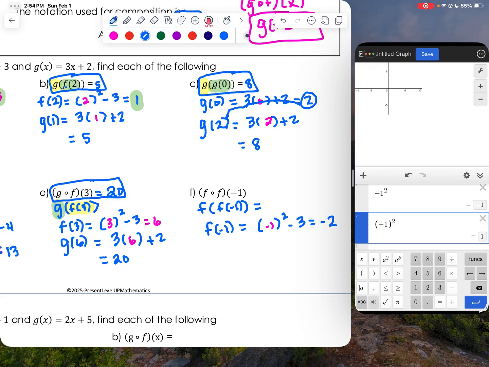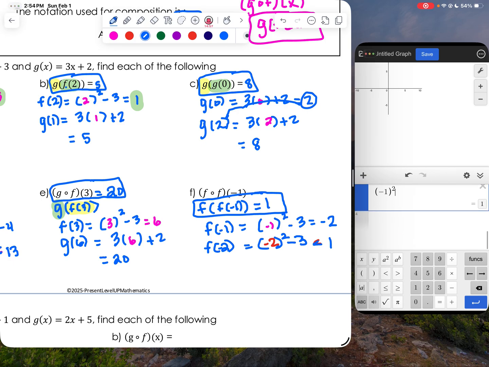All right. Now I'm going to calculate f of negative 2. So negative 2 squared is positive 4, and positive 4 minus 3 is 1. So f of negative 2 is 1.